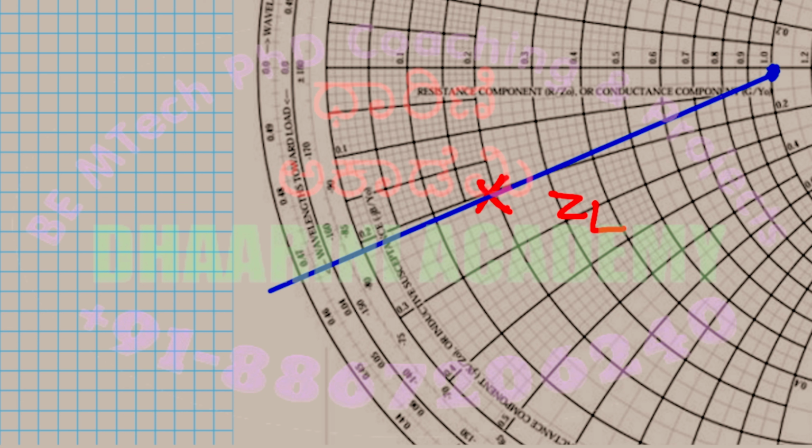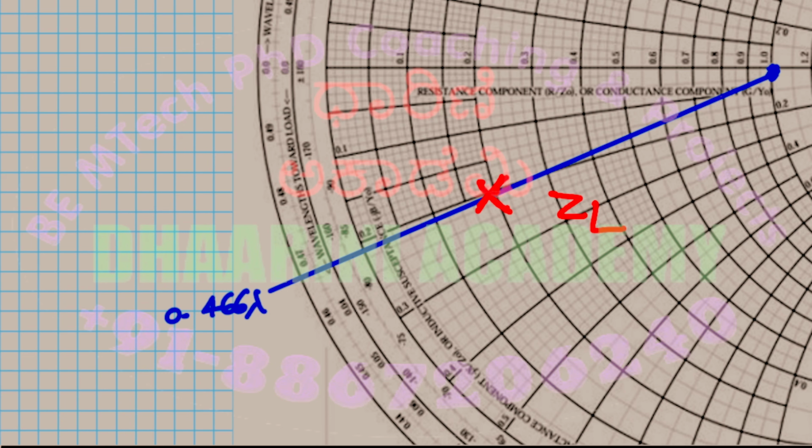We can see that 0.46 to 0.47 is divided into 5 parts, so each part will be 0.02, correct? Approximately. Okay, so I'll write this as 0.466 lambda. That's the value I have here.